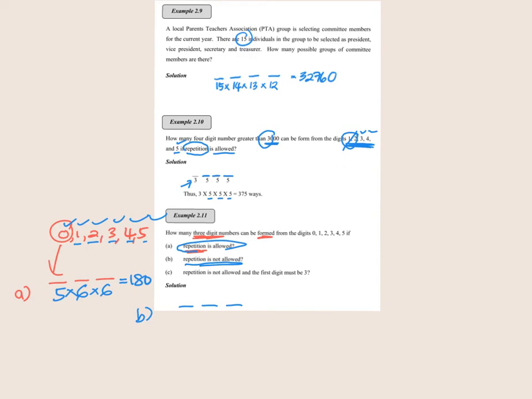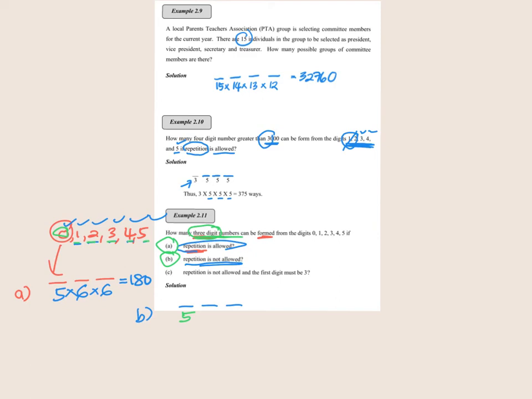For question B, the rules for the 3-digit number are still applicable, the same rules as in question A. So you cannot use 0 for the first slot, and you only have 1, 2, 3, 4, 5. So you only have 5 different digits for the first slot.